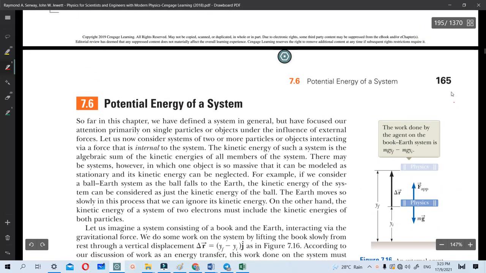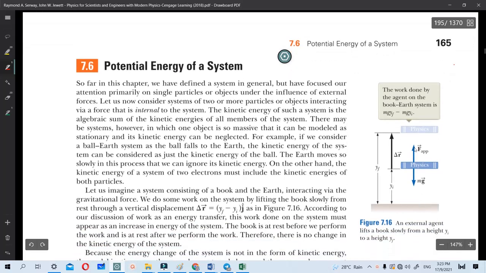Turn to page 165, potential energy of a system. In this example given by our book, it's very similar to what we've just seen in the other textbook, except that they are portraying the applied force. This is a situation where the book is traveling upwards.